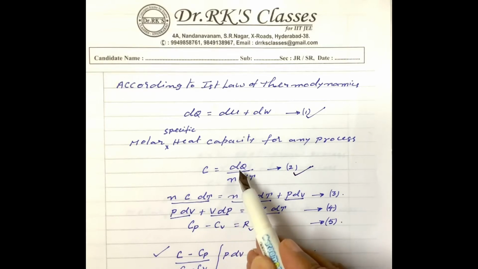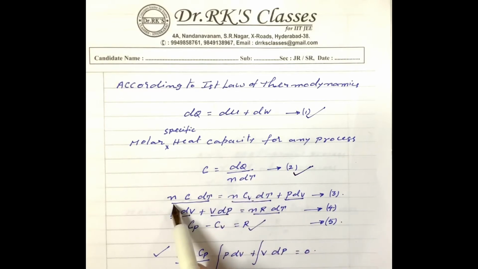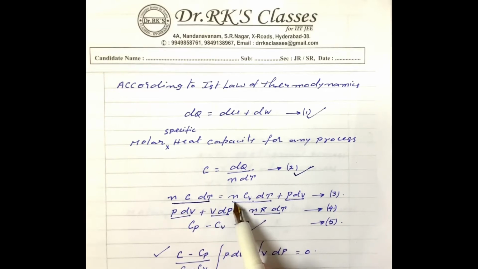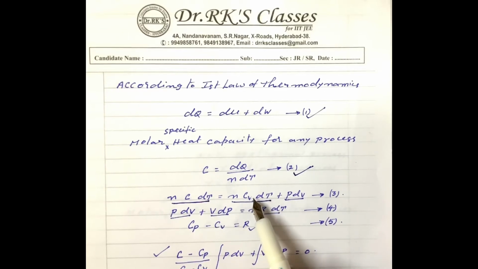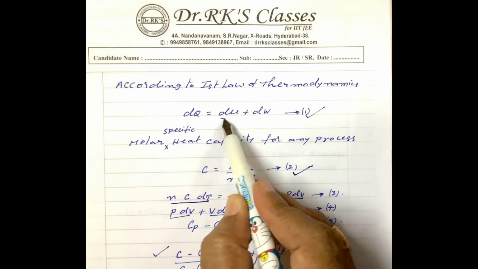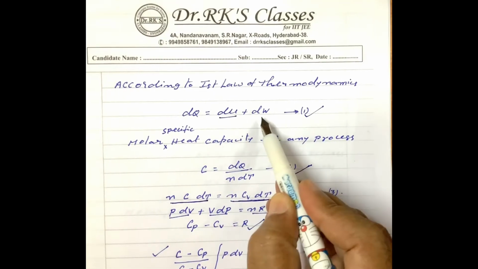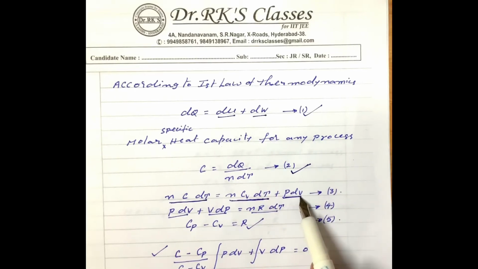And so dQ is equal to nC dT. What is Cv? Molar heat capacity at constant volume. That is dU is equal to nCv dT. And dW is equal to PdV.